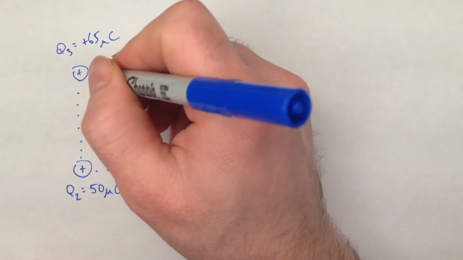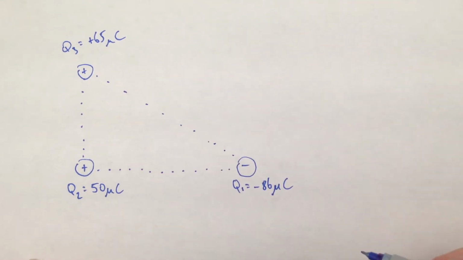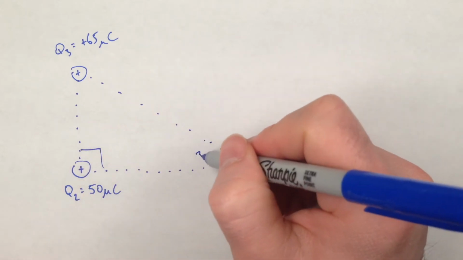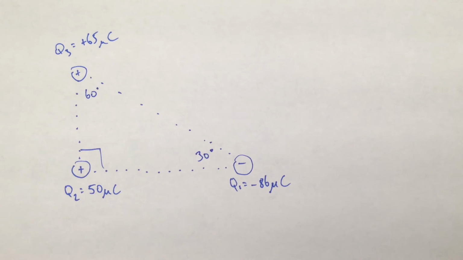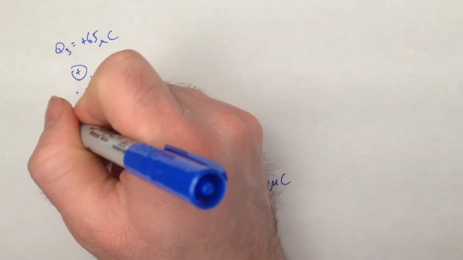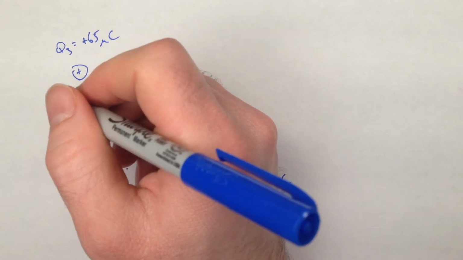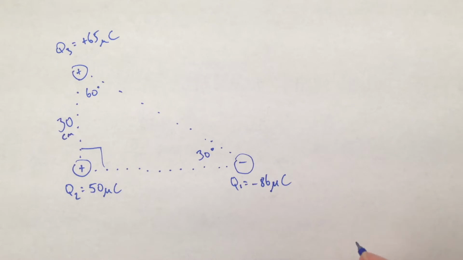All right, so let's close this triangle off. And for mathematical simplicity, let's make this a 30, 60, 90 triangle. Now, Coulomb's law doesn't take angles into account. It takes distances into account. So I have to actually put some distances in here. 30 centimeters for there.